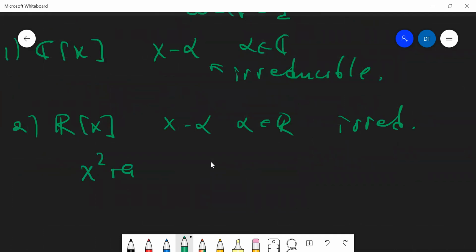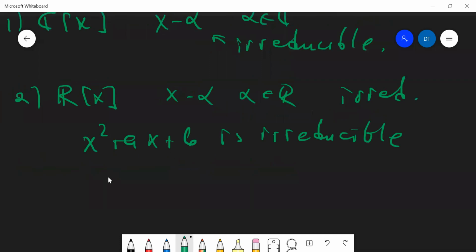So a polynomial of this form is irreducible if and only if it doesn't have a root, but explicitly this means that the expression a squared minus 4b is strictly negative. So in this case, this polynomial is also irreducible. And these are all irreducible polynomials over this ring.